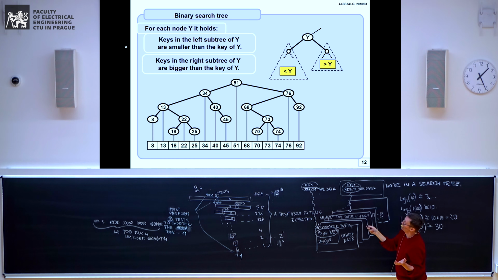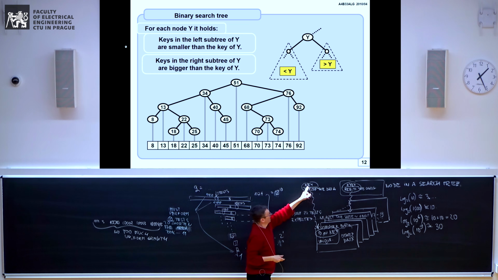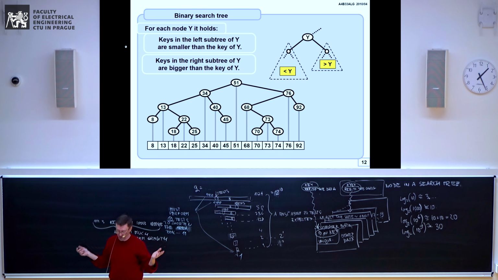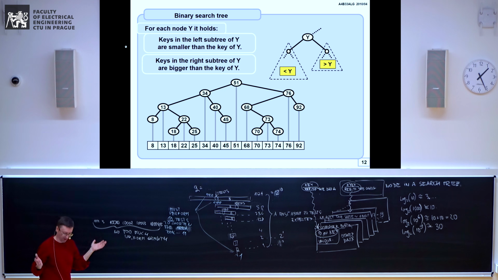You know that associated with it is always a reference to the data. The data are sitting somewhere else in the database, and that's it. So once you access a key, you know that with a key there is always the reference which you might follow to get to the data. So we don't include those data parts in our pictures because it will not help to explain the tree.